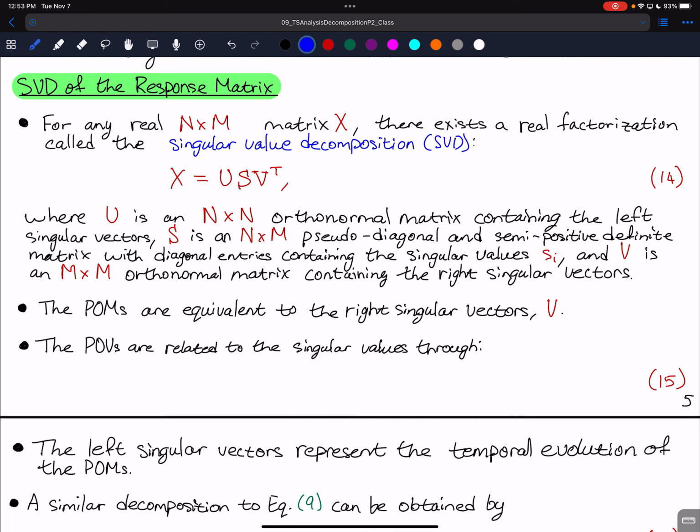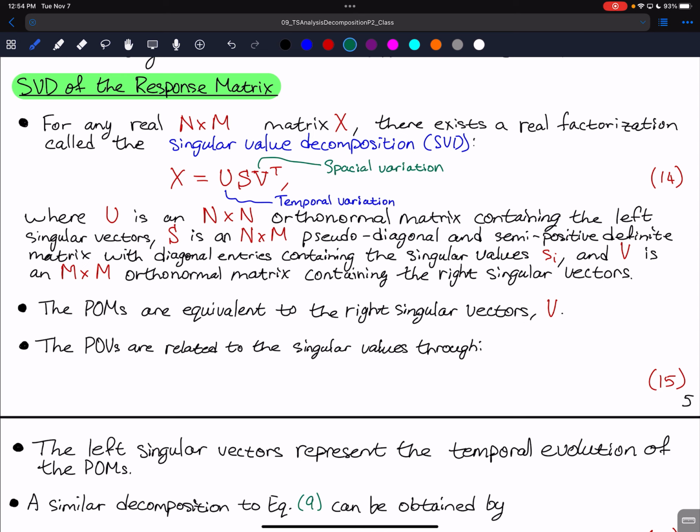In this case, U will represent the temporal variation. The V's here represent some spatial variation. But generally, we're going to end up doing a multiplication of U and S to find the temporal variation of each POM.